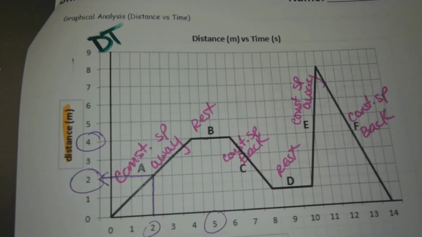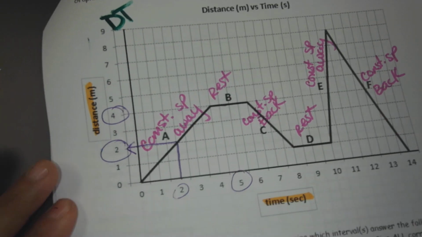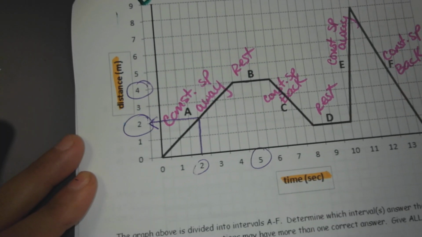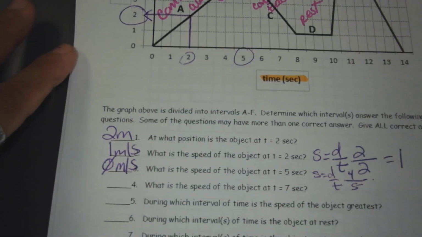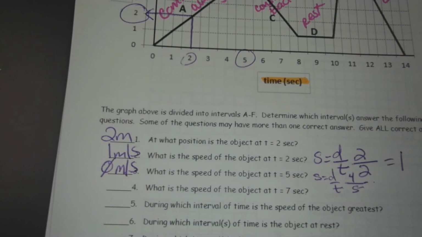We're not just analyzing that instantaneous moment. We're analyzing this whole line. And this whole line from here to here is at rest. I agree with him. And there is nothing going on. Hopefully you wrote, if you didn't, go ahead and write it in, 0 meters per second because it is at rest. I agree 100%.